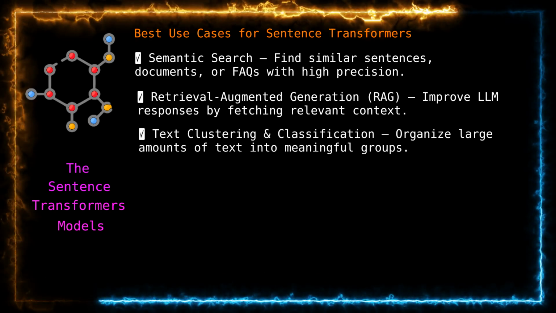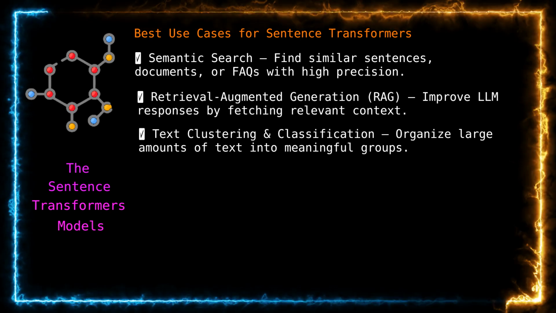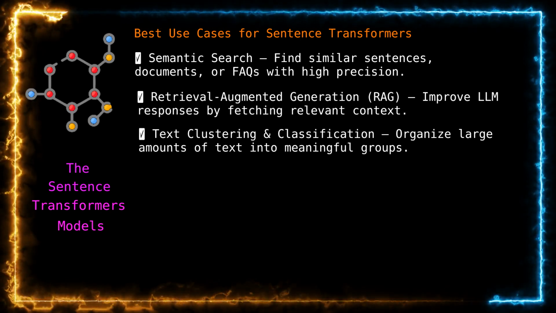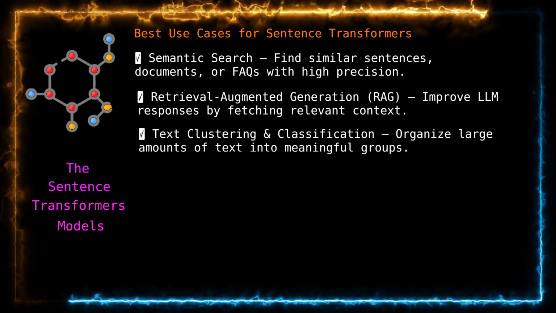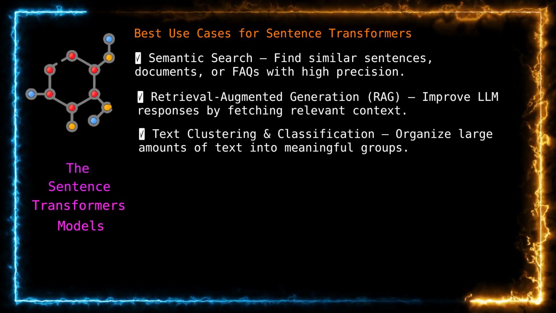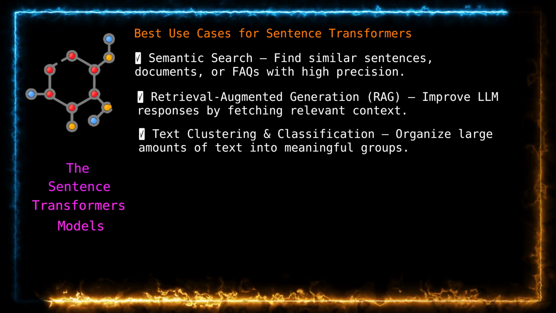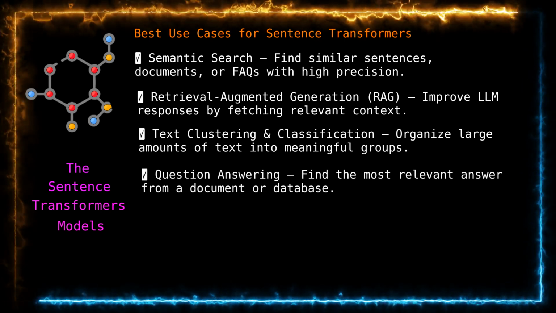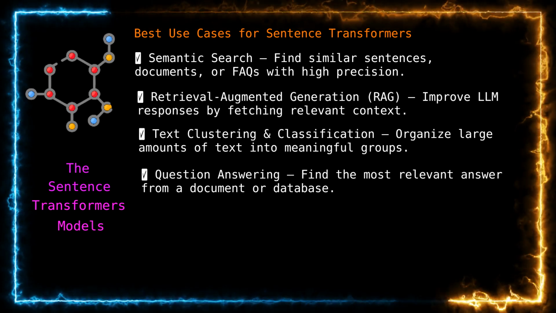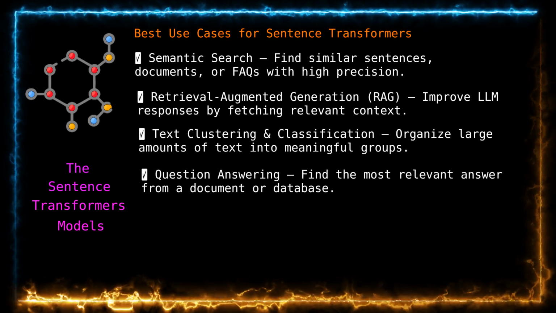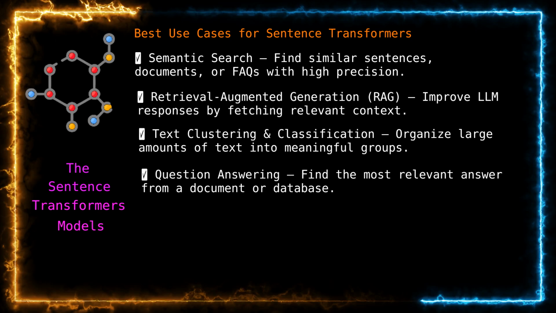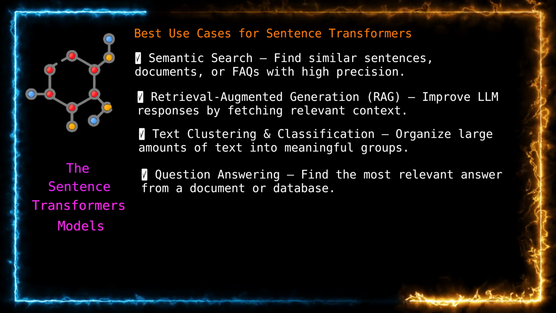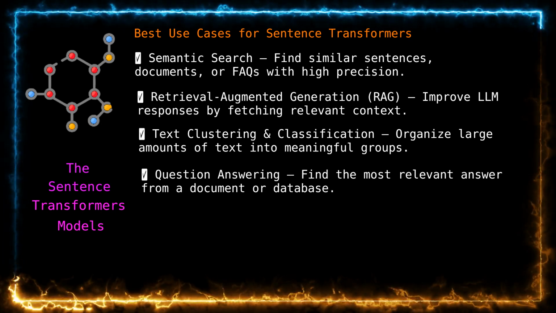Organize large volumes of text into meaningful groups, whether it's for news categorization, social media analysis, or content recommendations. Question answering. Find the most relevant answer from a document, frequently asked questions systems, or knowledge base, making chatbots and virtual assistants smarter and more efficient.